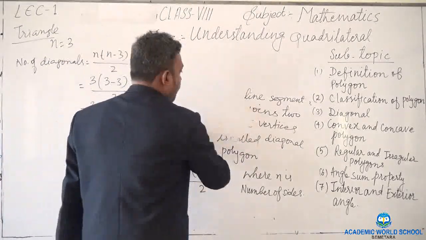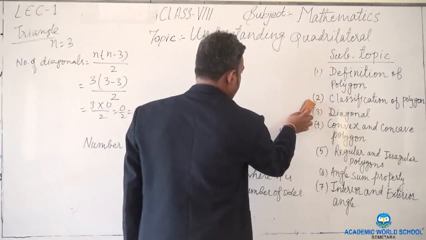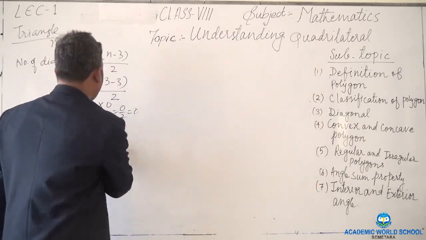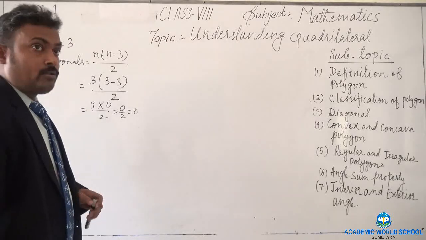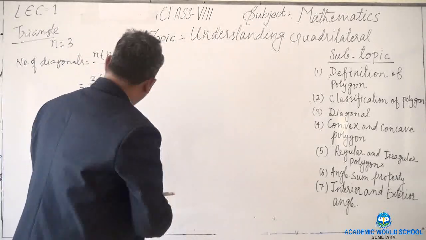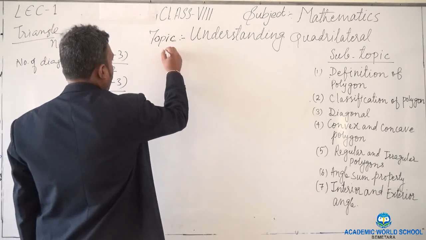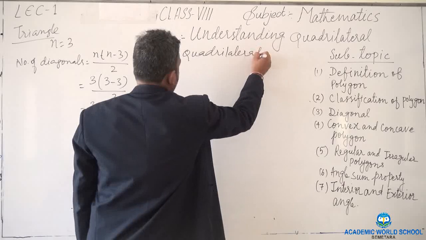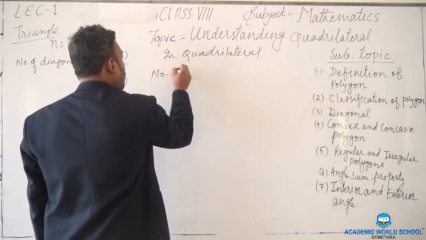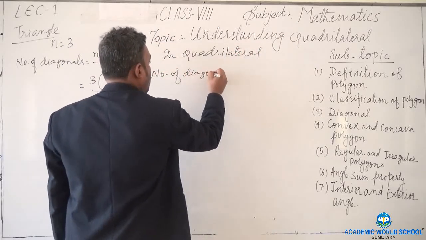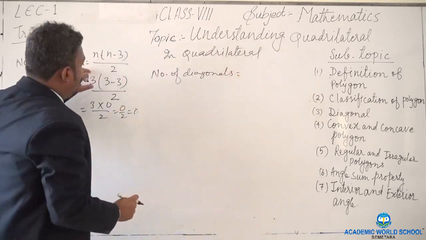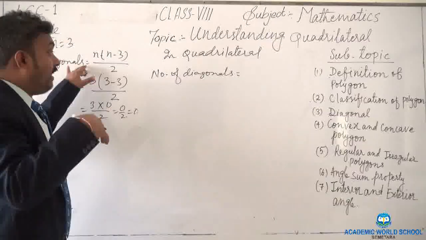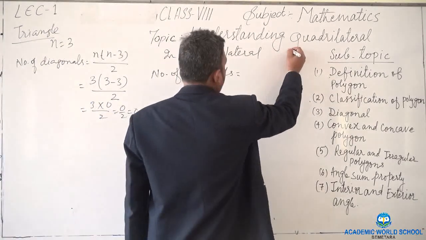Now the next polygon is the quadrilateral. In a quadrilateral, how many diagonals are there? We use the same formula. In a quadrilateral, how many sides are there? 4.